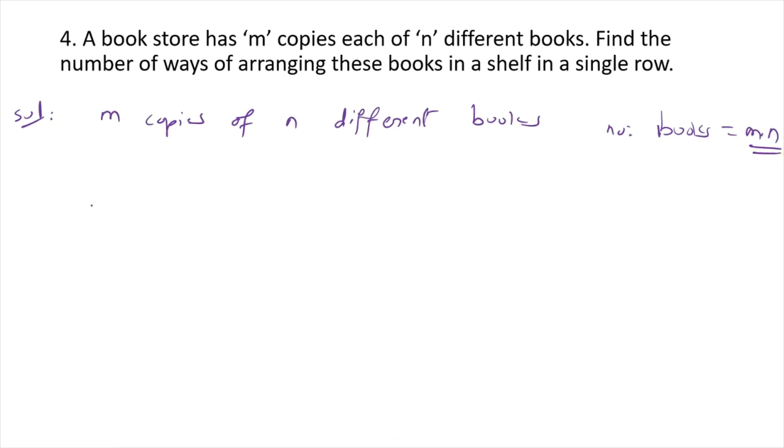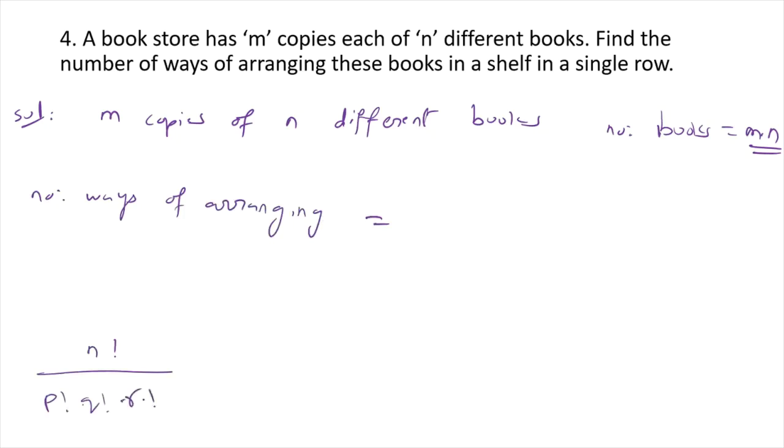Now, number of ways of arranging is equal to, so we are going to use this formula n factorial upon p factorial times q factorial times r factorial. So we can use this formula when we have n objects, and out of those n objects there are p objects which are alike, and there are q objects which are alike, and there are r objects which are alike.